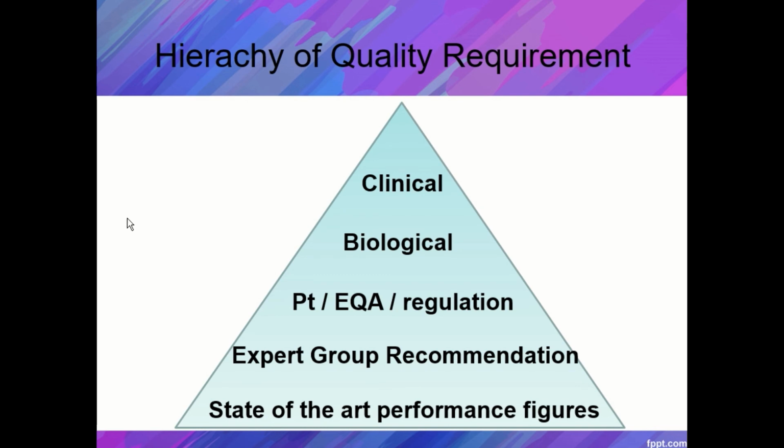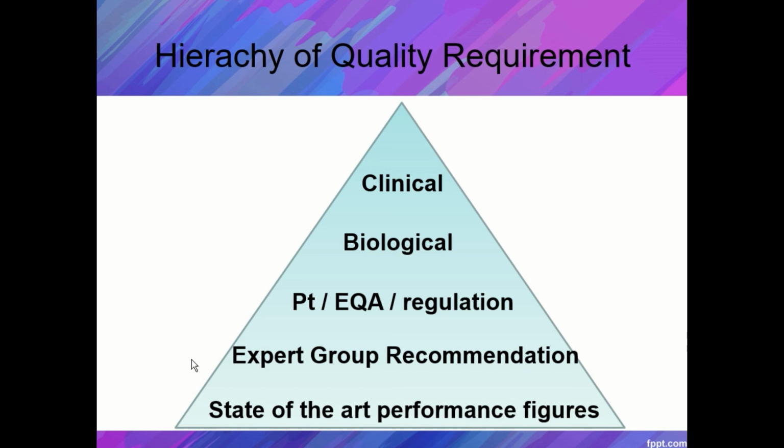So this is the hierarchy of quality requirement. The first hierarchy is from the clinical. So far I haven't met any quality requirement from the clinical, but maybe some of you have. But the most common ones we find are from biological proficiency testing or EQA, and from the regulation, expert group recommendation, and state of the art performance figures. Expert group recommendation is where a group of experts comes out with the quality requirement.